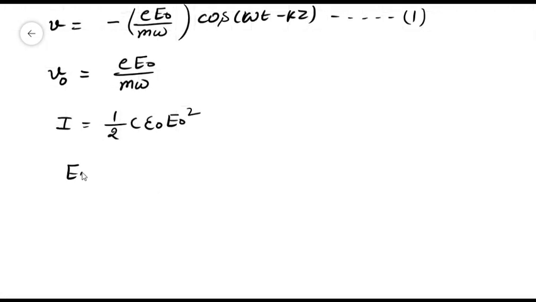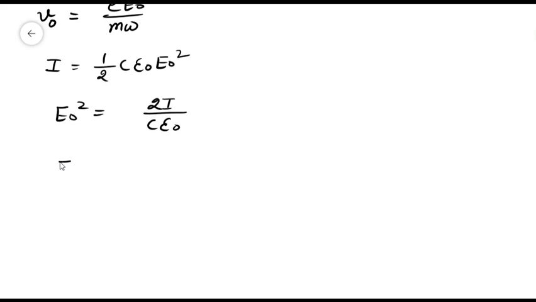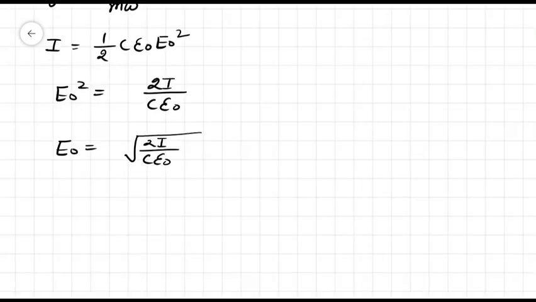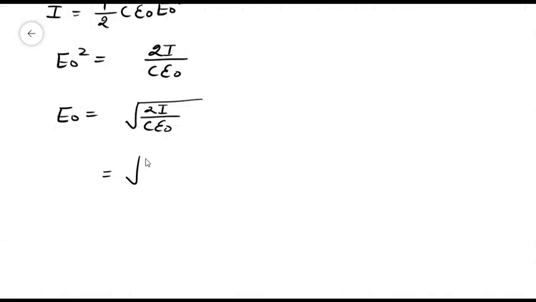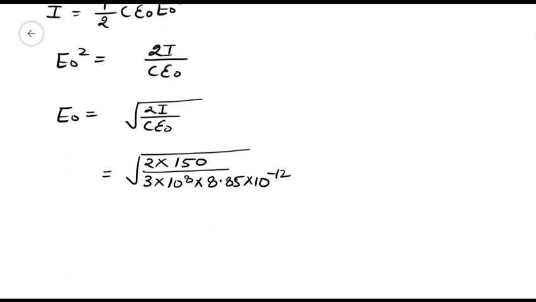So E naught squared equals 2I divided by c epsilon naught, and E naught equals the square root of 2I divided by c epsilon naught. Putting in the values, we get the square root of 2 times the intensity, given as 150 watt per meter squared, divided by 3 times 10 to the power 8 times 8.85 times 10 to the power minus 12.